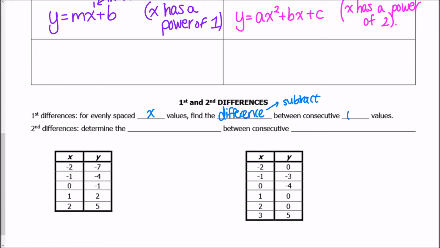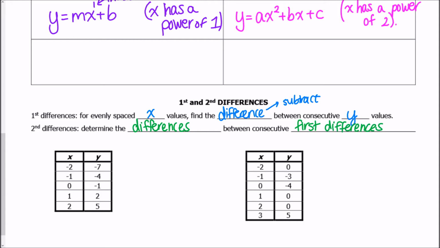Now, if we want to find second differences, what we're going to do is determine the differences between consecutive first differences, and I'll explain what that means in a minute.